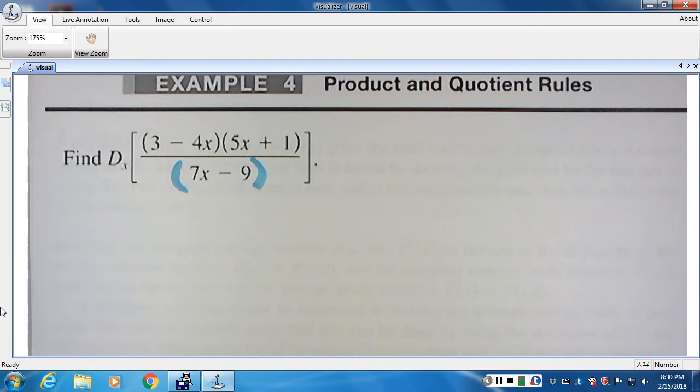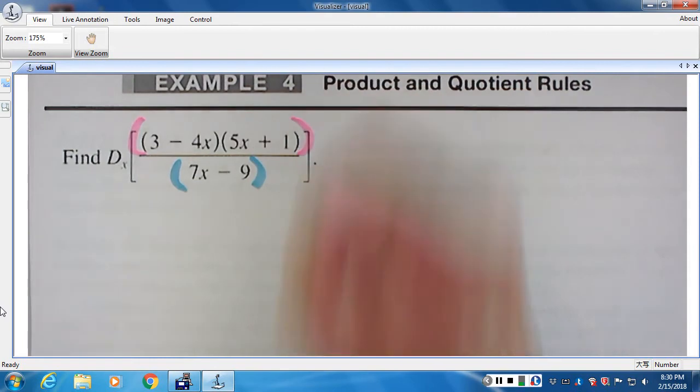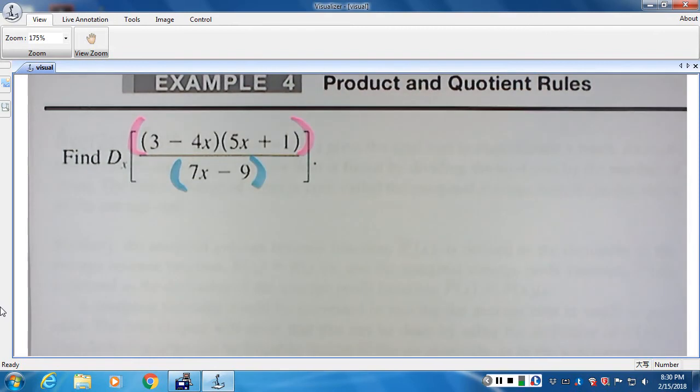But when I look at my numerator, the first thing I notice is that my numerator is a product. So before I can take its derivative, I have to either multiply it out, which you can do, that's fine, or you need to use the product rule on it. Now, I don't care which one you do. Either one works.